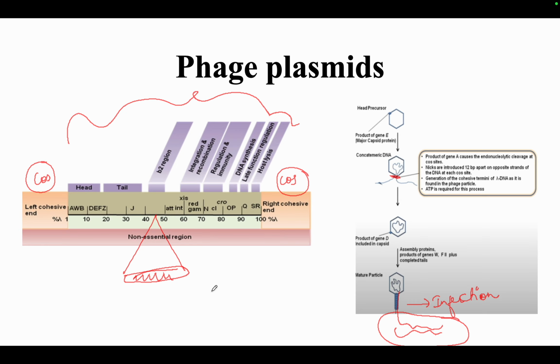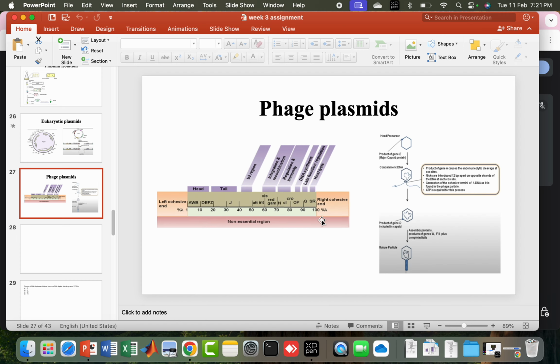So we'll have either an integrated plasmid, or a free plasmid, also known as extrachromosomal. Okay, so these are different vectors, and with this I conclude my slides, and we'll move on to assignment questions.